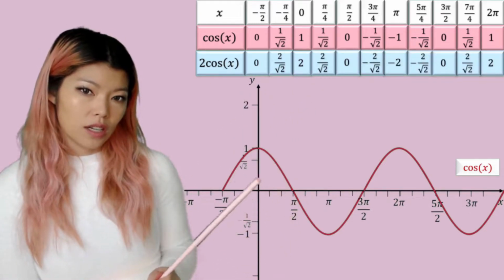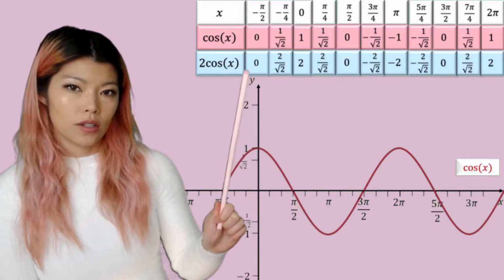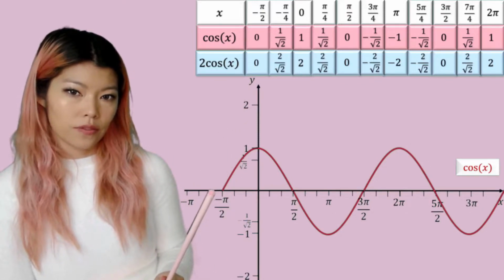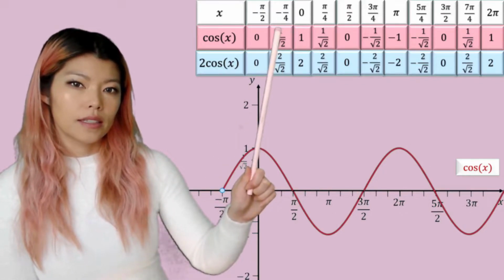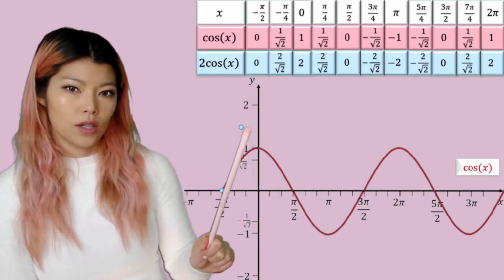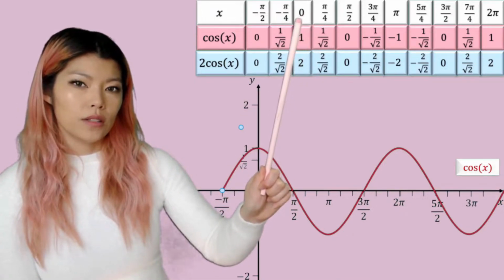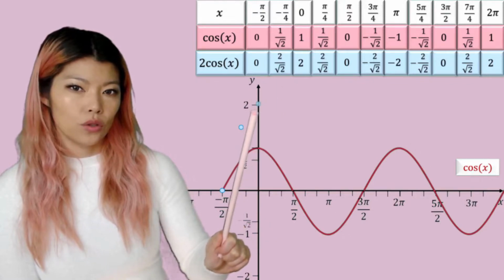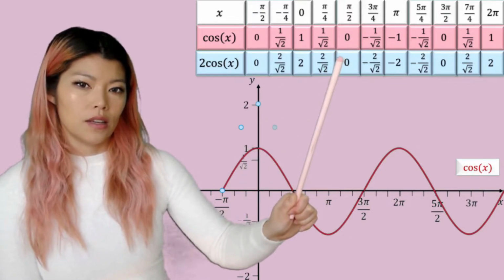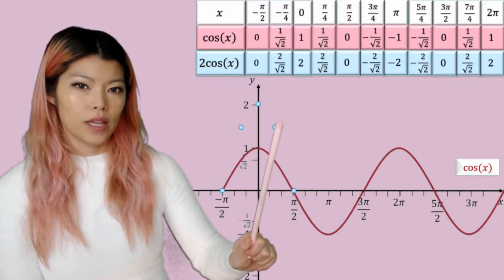So when we sketch it, we can see at negative pi on 2, we are at 0. At negative pi on 4, we are at 2 root 2. When we get all the way to x equals 0, we are at 2. And then at x equals pi on 4, we're getting a little bit smaller.